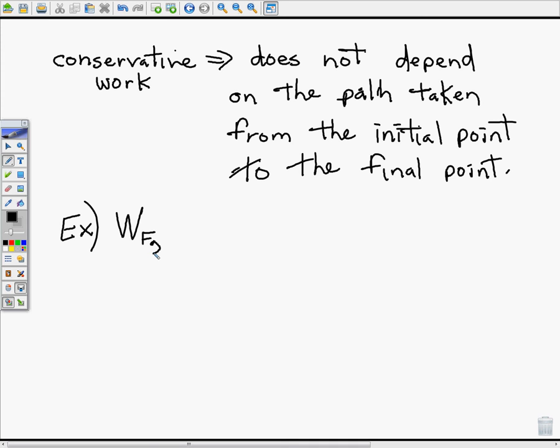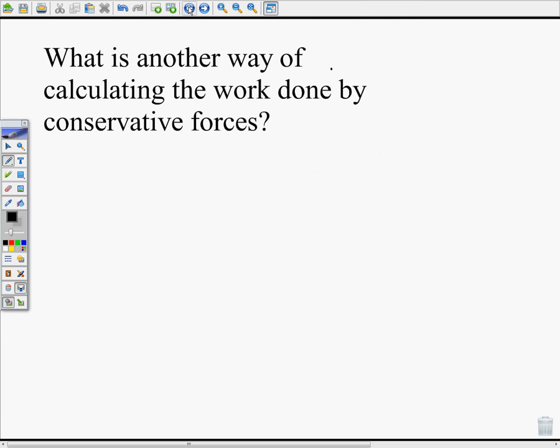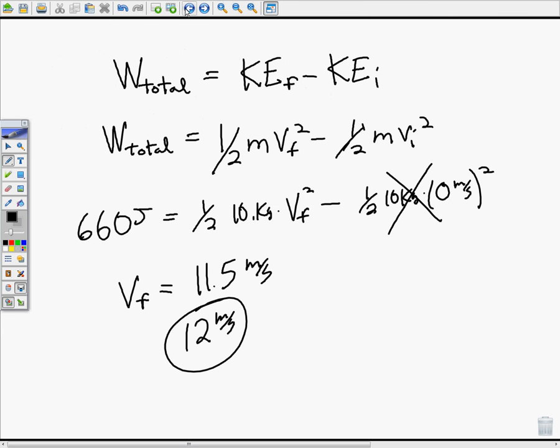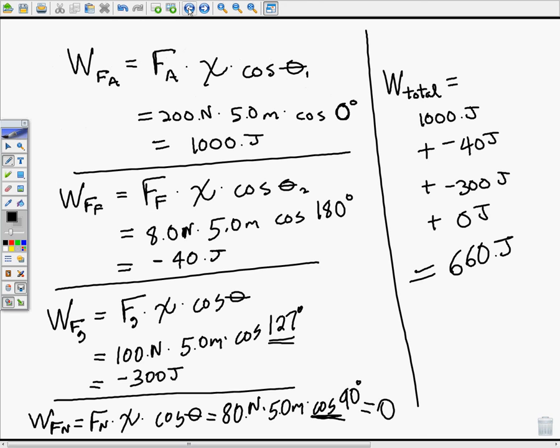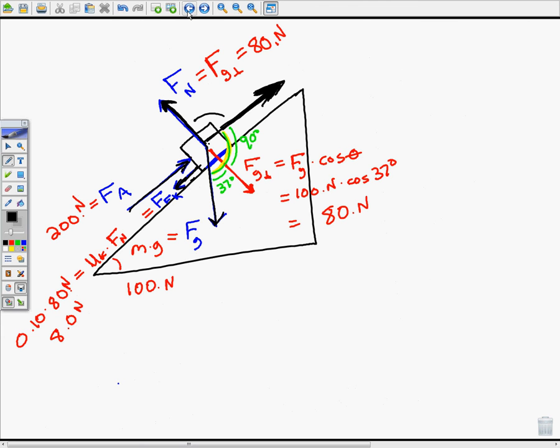Now, I'm not going to actually prove all paths, but what I am going to do is prove how, if we go back and look at the example we did the other day, and we did the work done by the force due to gravity, and we got negative 300 joules.